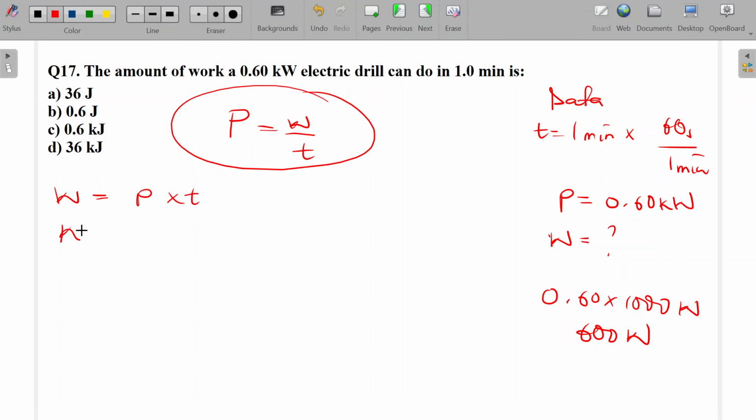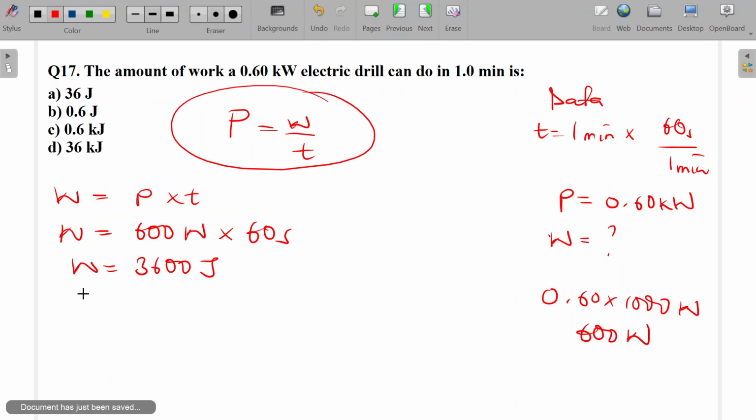So work is equal to my power, which is 600 watts, times the time, which is 60 seconds. So my work is equal to 36,000 joules, which is 36 kilojoules. Again, there's a problem here somewhere.